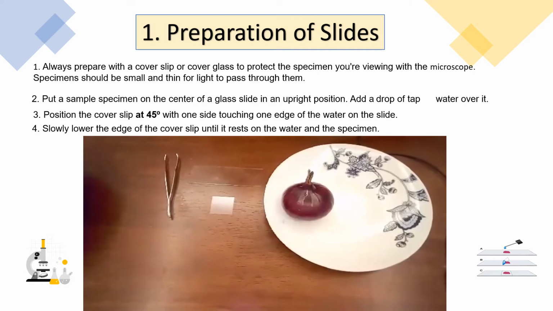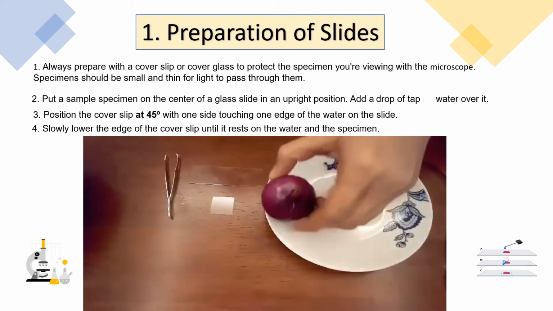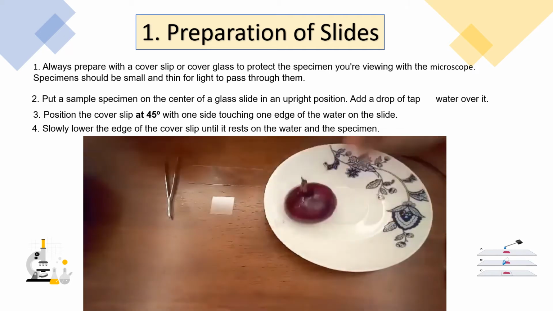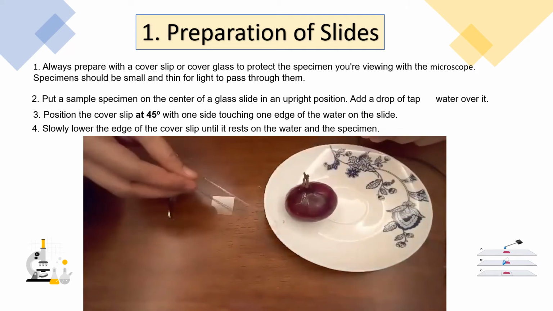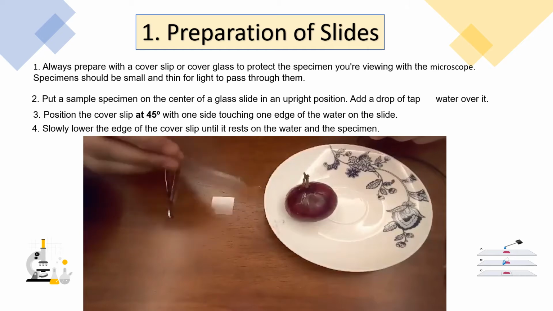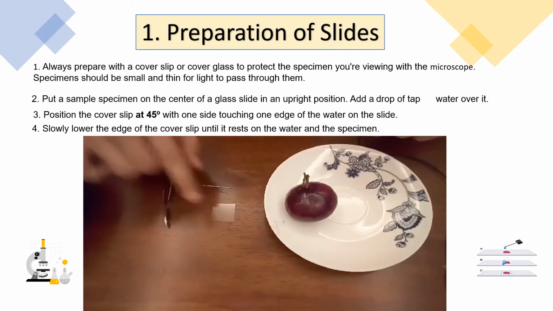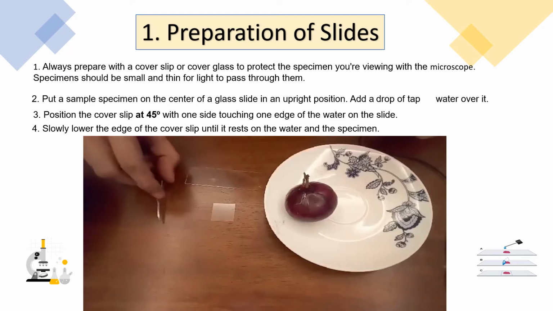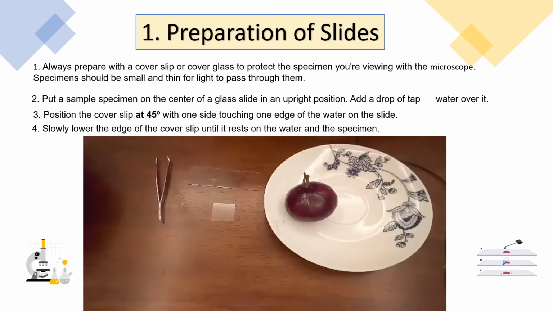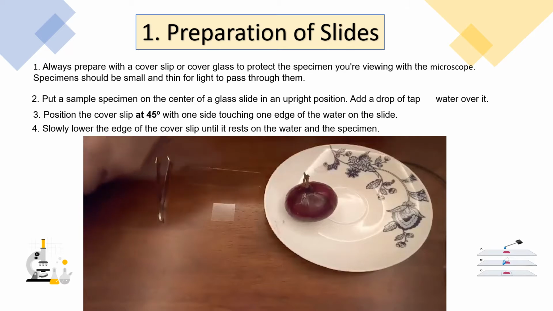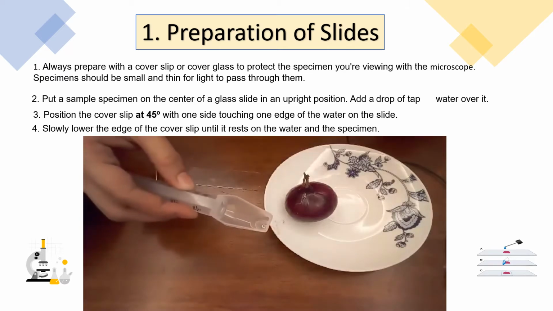Before we focus our specimen under the microscope, we need to prepare our slides. For this, we need to prepare these materials: onion, glass slide or microscopic slide, cover slip, tweezer, and we also have water for our mounting medium.